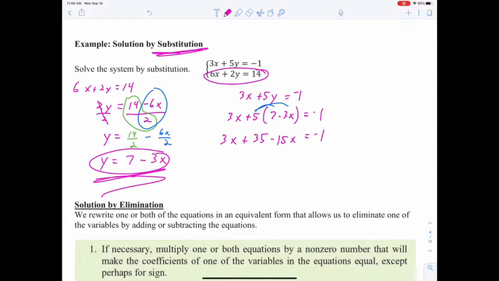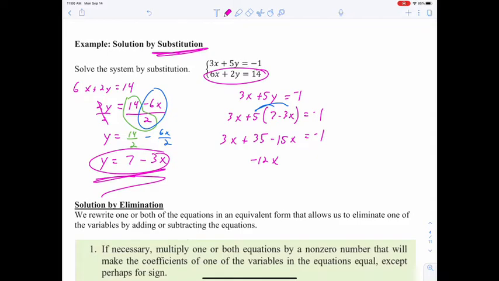All right, and then we're going to combine like terms. Remember, like terms have the same exact variable. So 3x minus 15x will give us -12x. And I'm going to subtract the 35 from both sides.